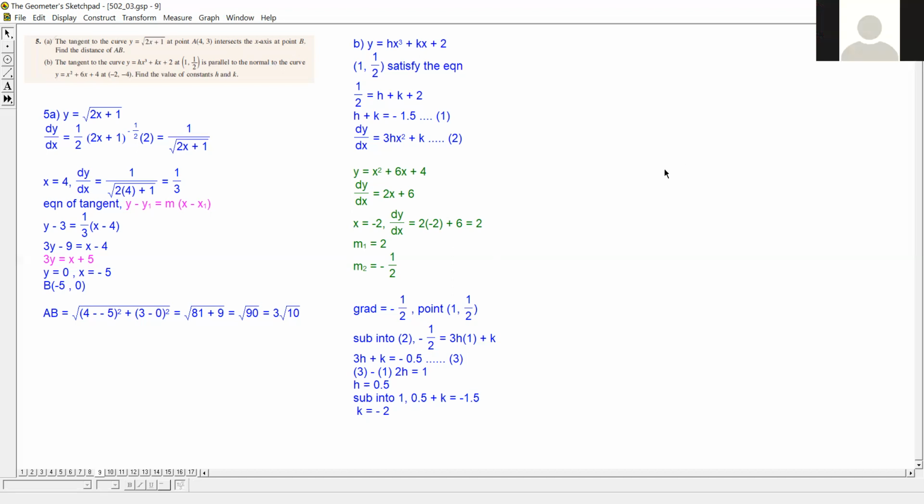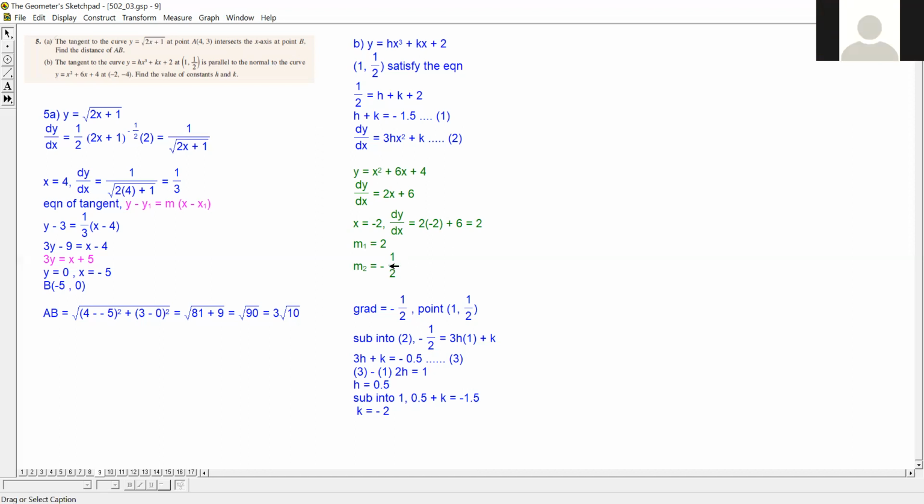Teacher, M1 is the gradient of a straight line? M1 is the gradient of the tangent to the second curve. Then M2? M2 is the gradient of the normal to the second curve. Okay.